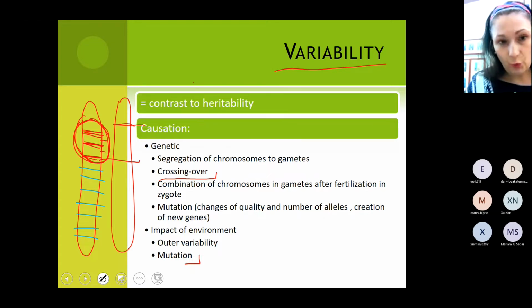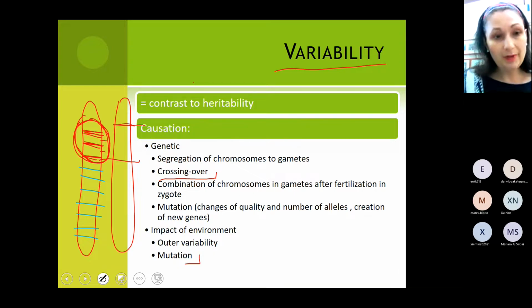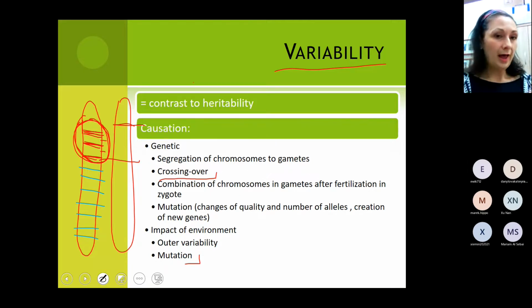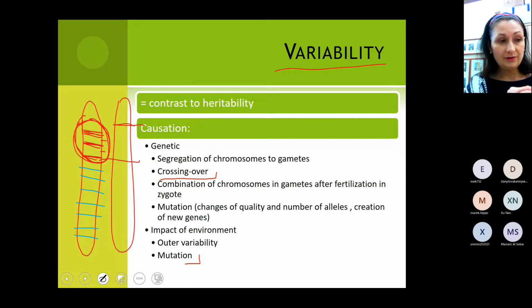Yeah, this is not valid for all chromosomes or for all genes, but it could be. It depends really. Sometimes we may observe, for example, that some features are grouping together. For example, if our grandfather has curly hair, black hair, and brown eyes, and the genes which are encoding these features are together, there's a very big chance that these genes will be inherited together.